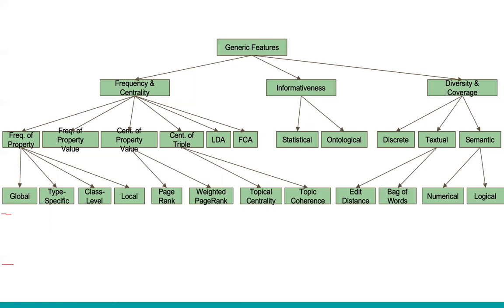So that when we create an entity summary, we give an overall picture of the entity, giving also consideration to ranking using information and frequency. But then diversity brings in, you present different facts representing different parts of the entity description.